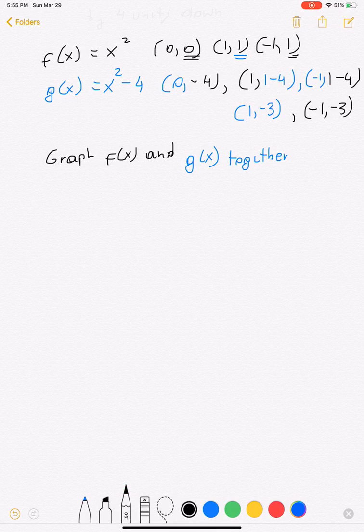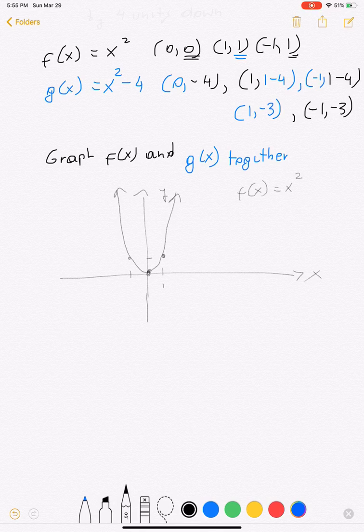Let's use pencil. So f of x, which is x squared, I'm going to graph in black. So we have the points 0, 0, 1, 1, and negative 1, 1. A parabola opening up. That's the parent function, that's the original one.